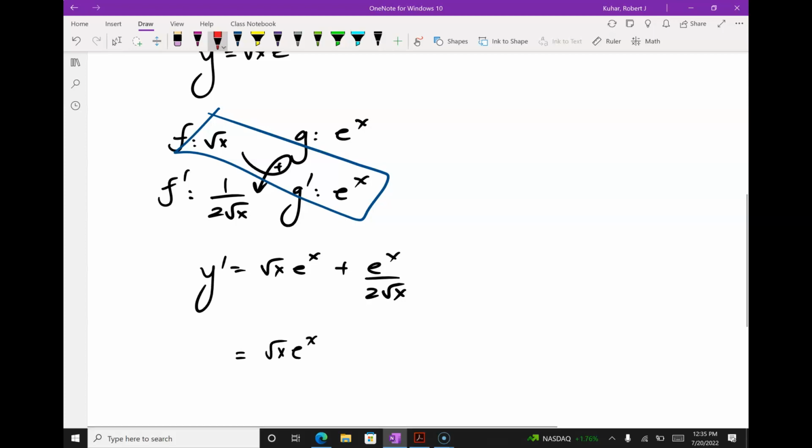So my LCD is 2 square roots of x. Okay, you agree with what's happening here? I need to get the same denominator in both fractions, right? The fraction on the right already has a denominator, so I just use that as my LCD. Everyone agreeing?